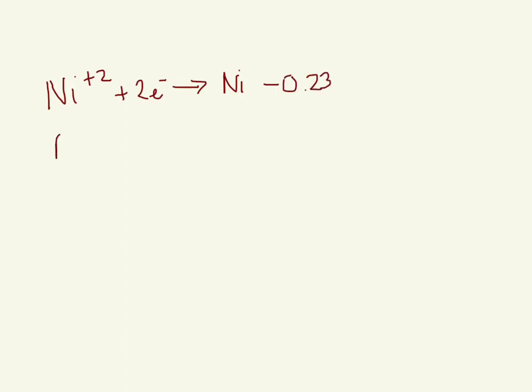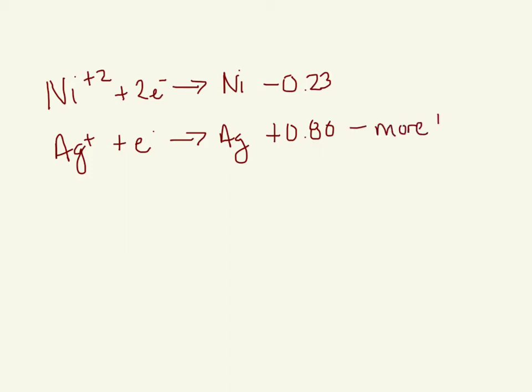The silver, Ag plus, will gain an electron and reduce to silver metal, and it has a half cell reduction potential of positive 0.80. So what that means to you is that the silver is much more likely to be reduced than the nickel is. It's more likely to gain electrons.